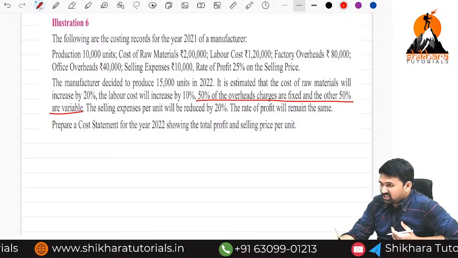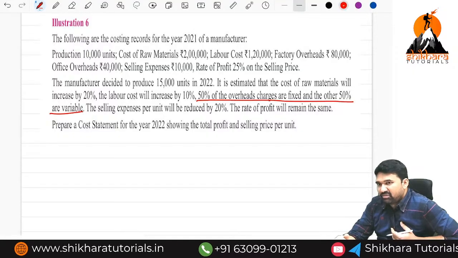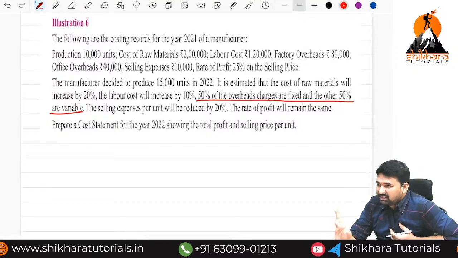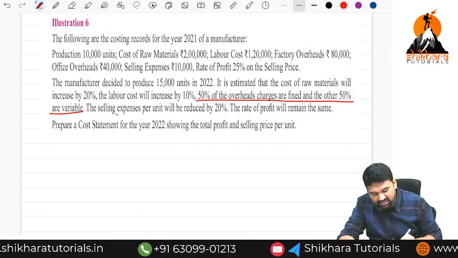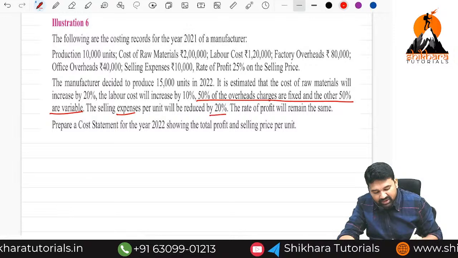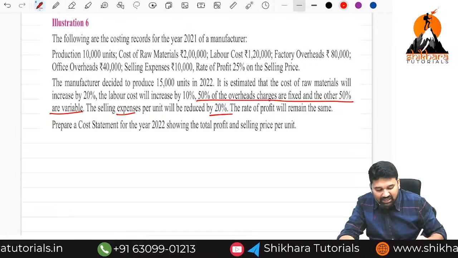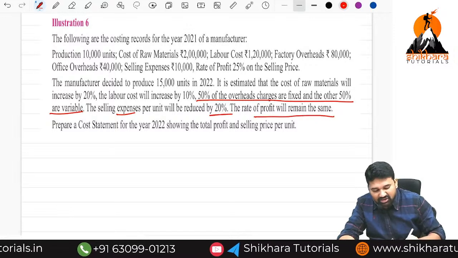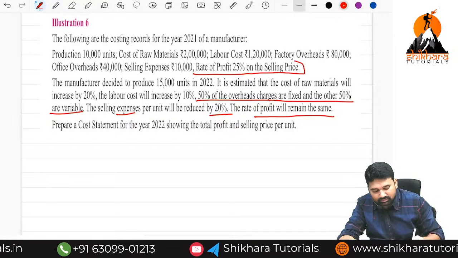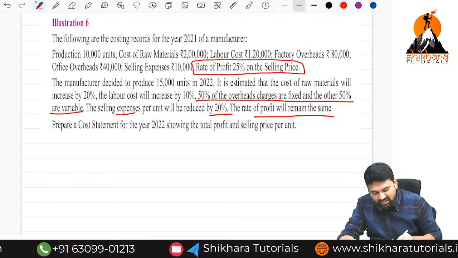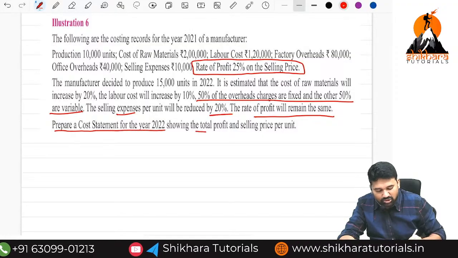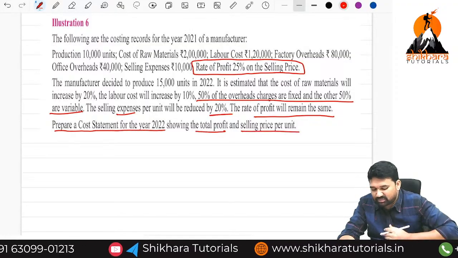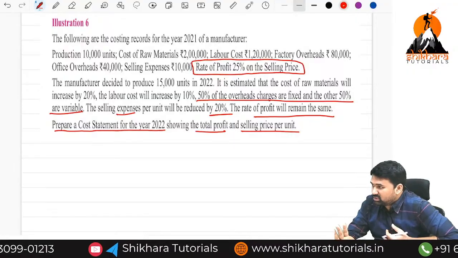It will not change. Remaining 50% is variable. It will change. And the selling expenses will be reduced by 20% and the rate of profit remains same. What is the rate of profit? 25% on selling price. So prepare a cost statement for the year 2022 showing the total profit and selling price per unit. This is the problem.